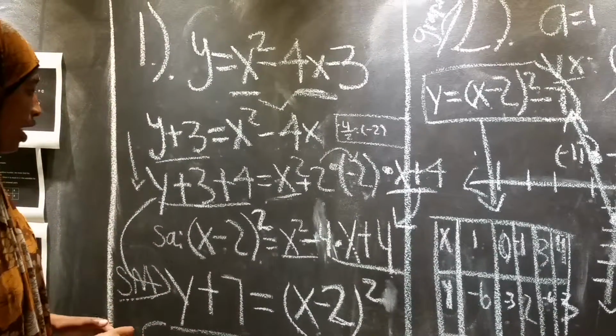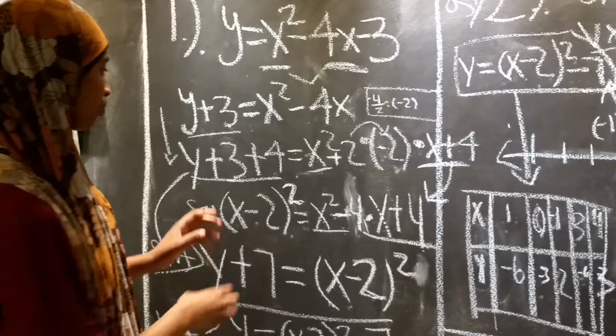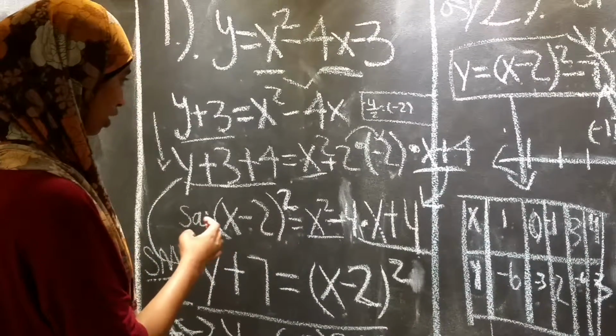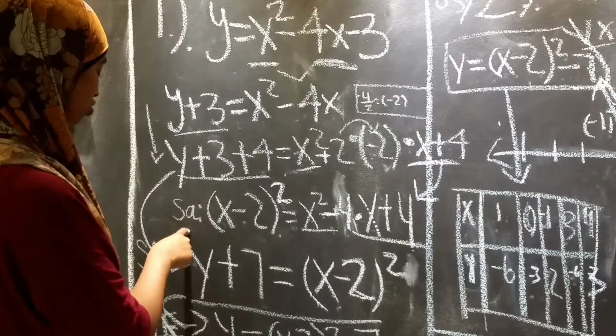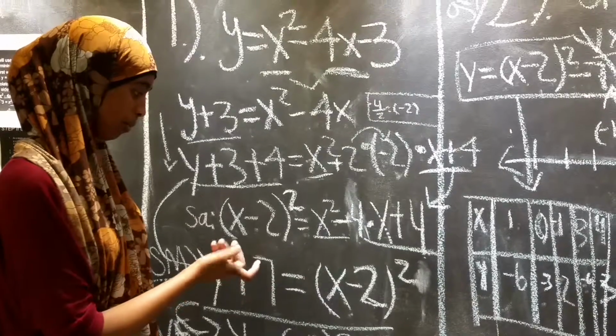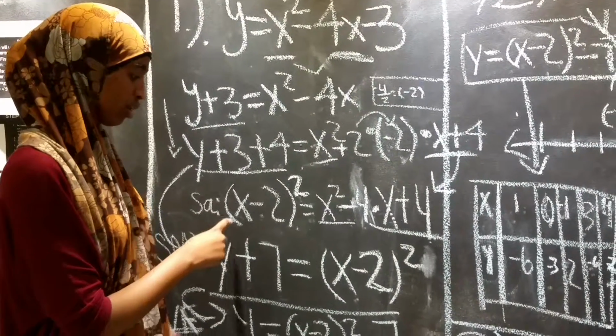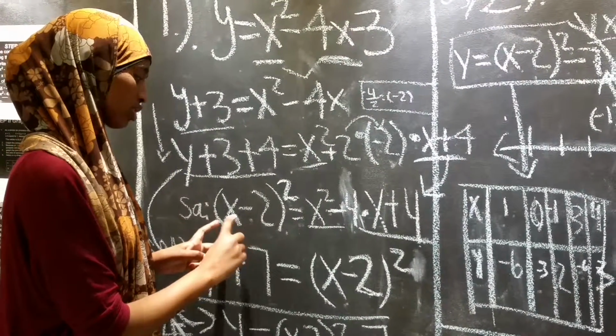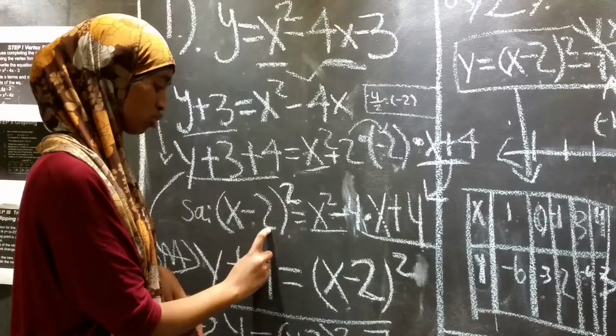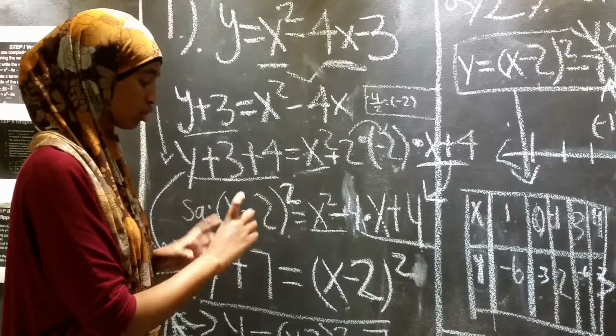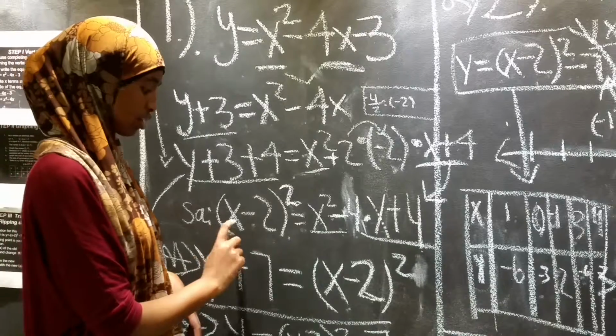In order to do that, we have to use our perfect square. By doing that, we have parentheses x minus 2 squared. We have to do it twice, which means x squared.